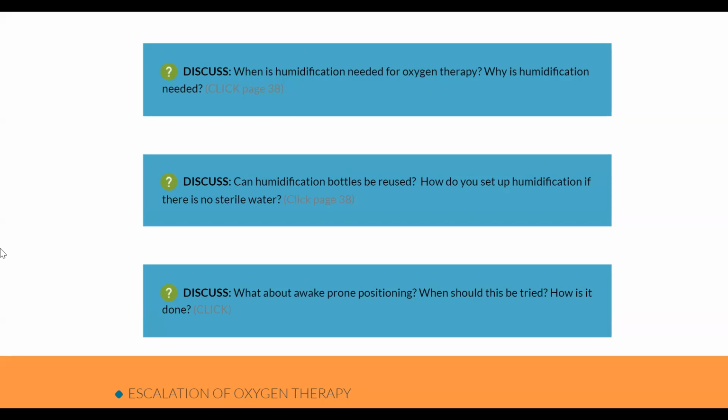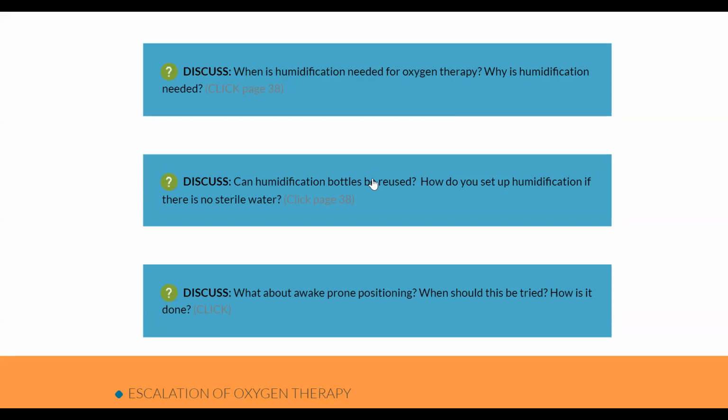And in ICU, as Jean-Paul knows, there are many complications associated with not humidifying oxygen, where you have thick secretions, which may lead to closing the airway and obstruction of the ETT and tracheal tubes, and many complications from that.